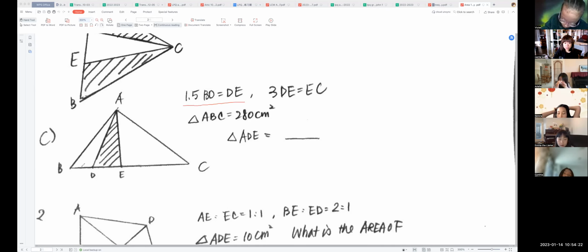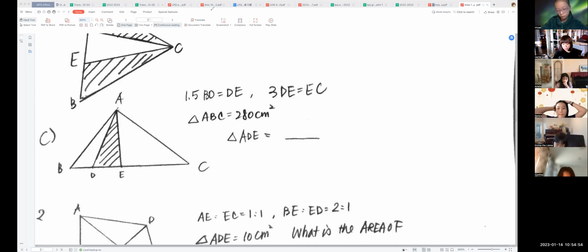So 1.5 BD equals DE. Okay, which is longer, DE or BD? 1.5 times BD is DE. BD. Very good.